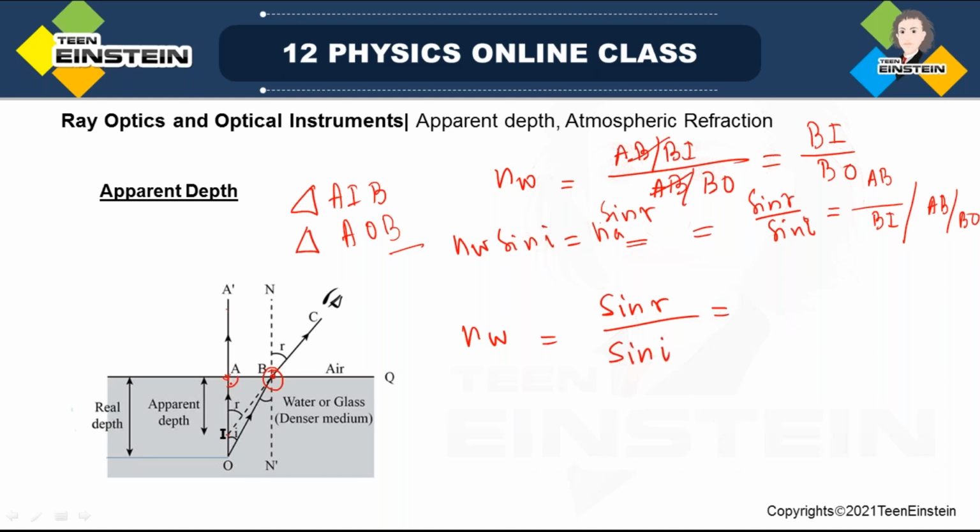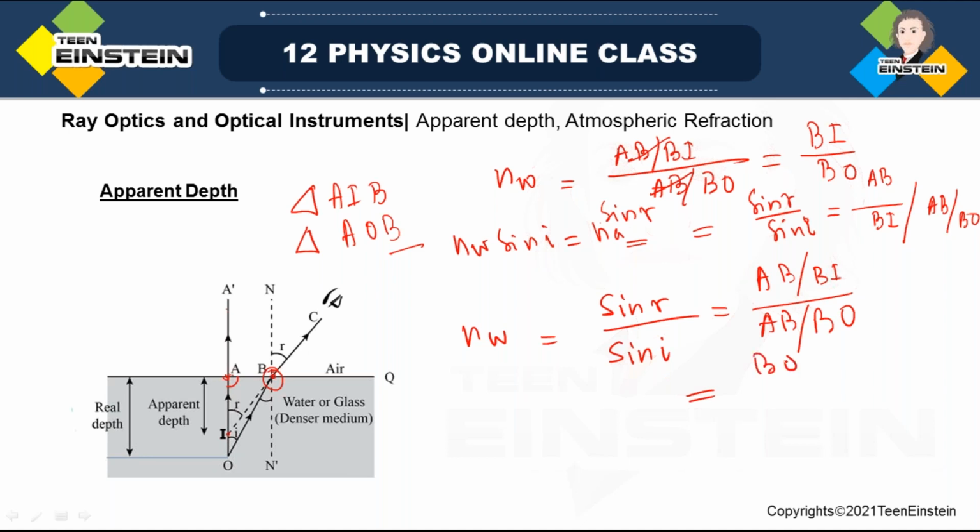Look, sin i, if I just take this triangle AIB, this will come with sin r, so it will be AB over BI. And sin i will be AB over BO.